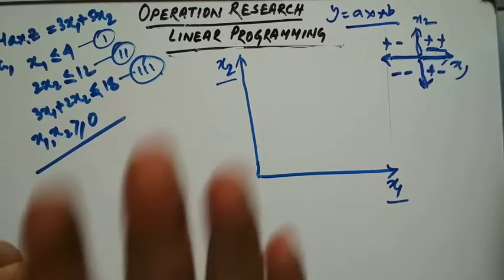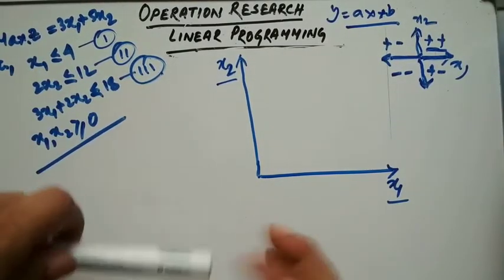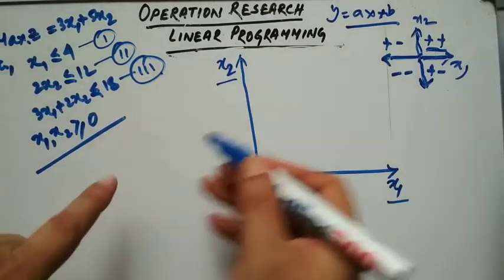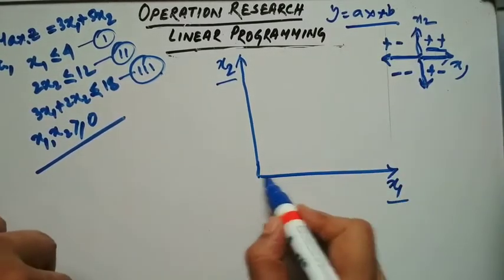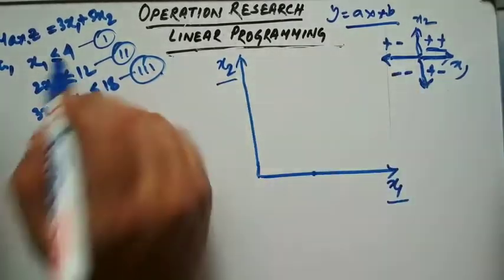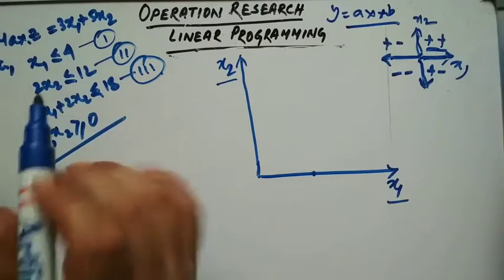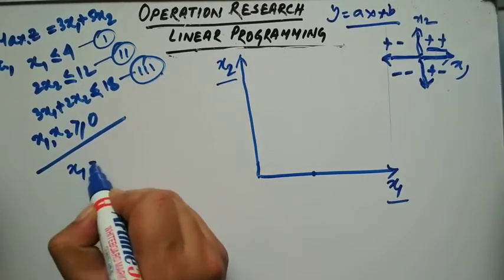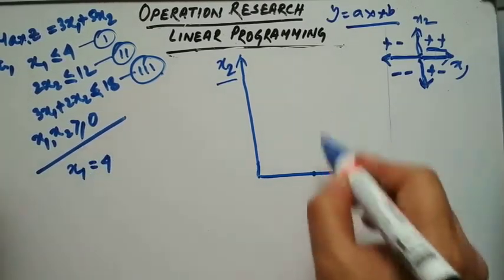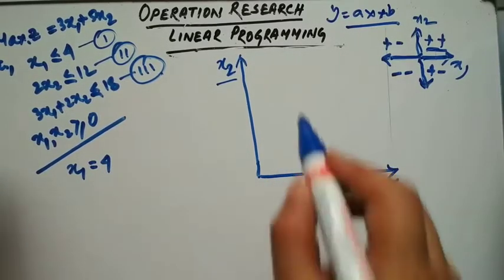Look, for the first equation we have x1 less than or equal to 4. So you already know how to plot x1 equal to 4. Say this one is 4. So it says x1 equal to 4. For the time being, let us take x1 equal to 4, for simplicity in constructing the graphical method of LPP.